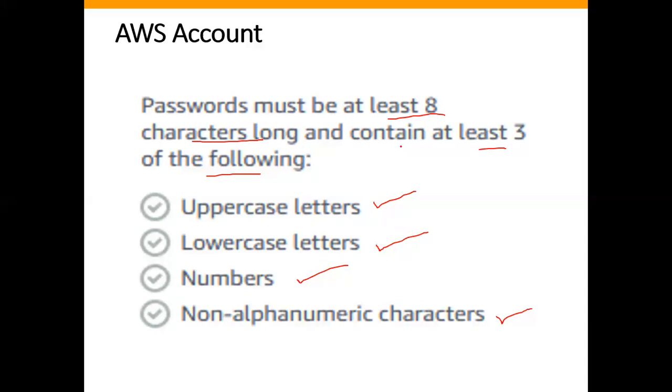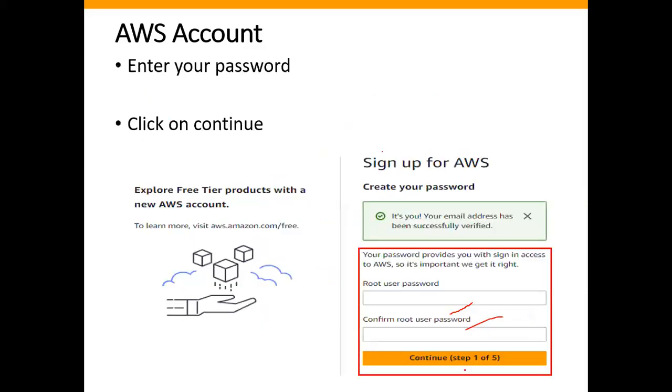Out of these 4 things, at least 3 we need to give in our password. And your password must be at least 8 characters long and the maximum is 128 characters. Minimum 8. So once you enter your password, you need to click on continue.